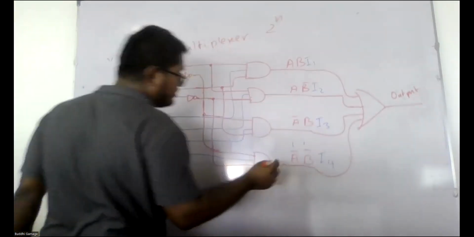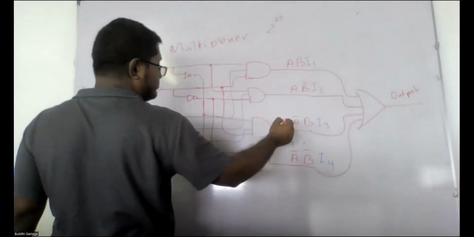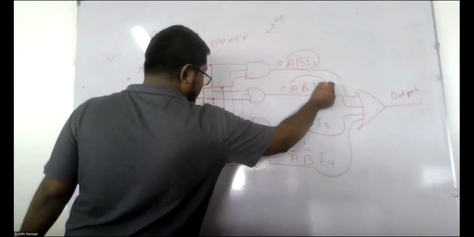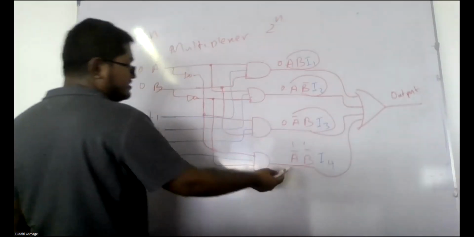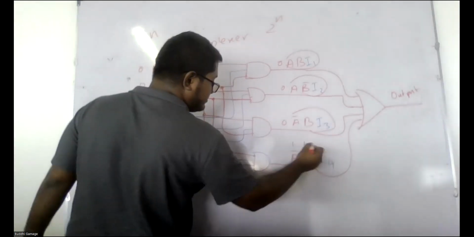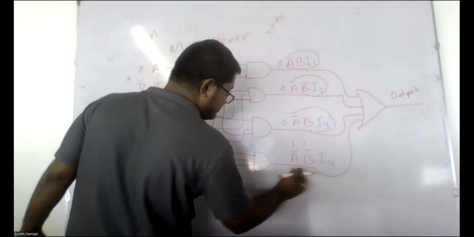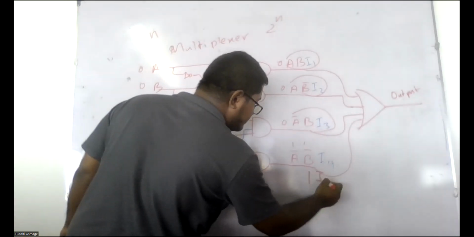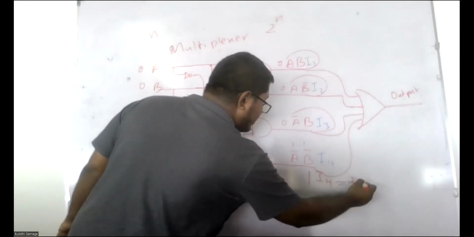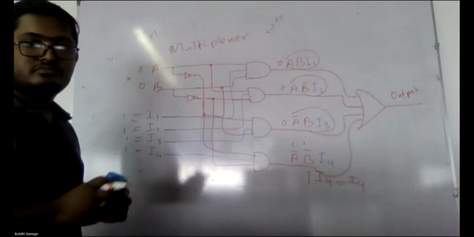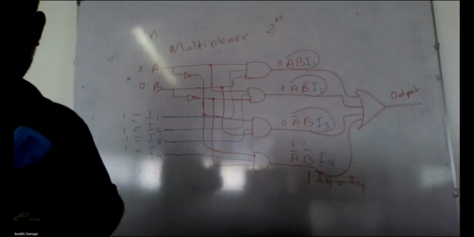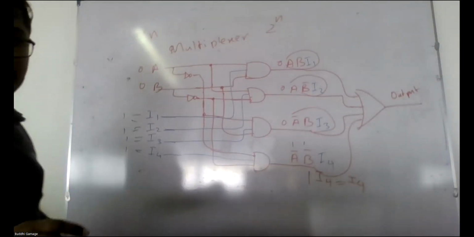Then output will be I4. Otherwise, this all becomes 0. So all becomes 0. Then all the thing will become 0. If this is 1, then A bar B bar is 1. 1 plus I4 will be I4, right? So that is what will happen in a multiplexer.